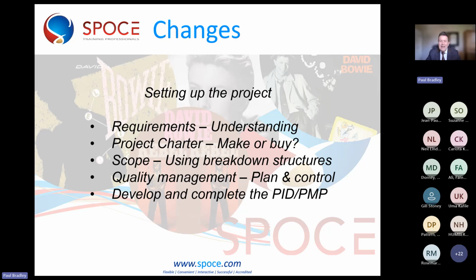And then we're going to start coming through the project definition or initiation stages, where we start going through breakdown structures so that we can understand the scope of our project. From there, I'm going to take you through quality management, the 4 different elements of quality management: planning, control, assurance, and continual improvement. And then to finish off, we're going to look at the contents of the PID, Project Initiation Document, or Project Management Plan.